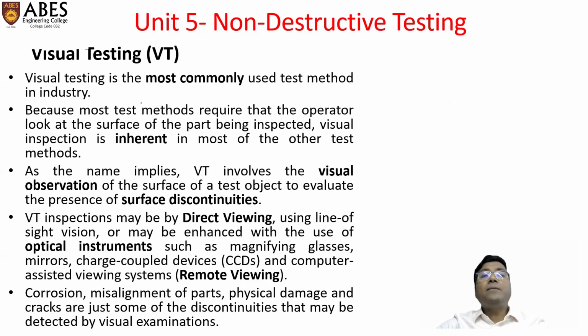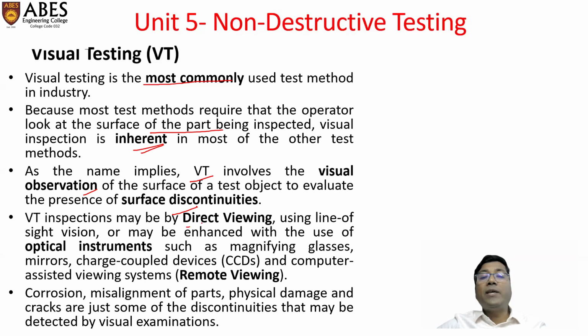Coming on to the first one, that is visual testing. It is the most commonly used test method because most test methods require that the operator look at the surface of the part. Therefore, it is inherent in most of the other test methods also. As the name implies, visual testing involves the visual observation of the surface to evaluate the presence of any surface discontinuities.